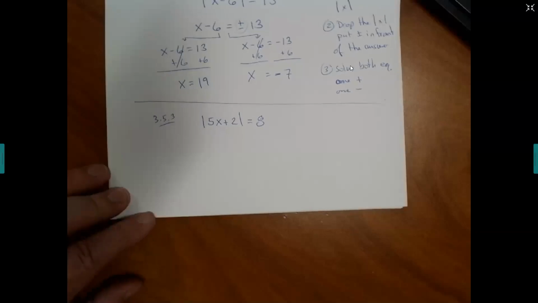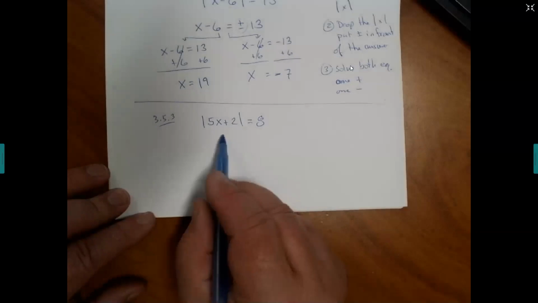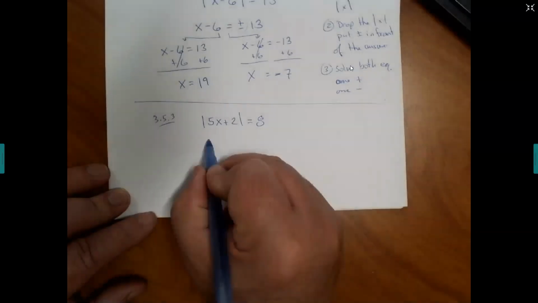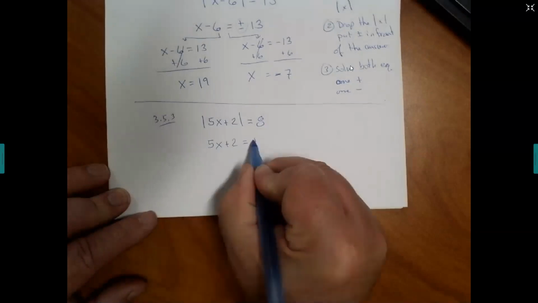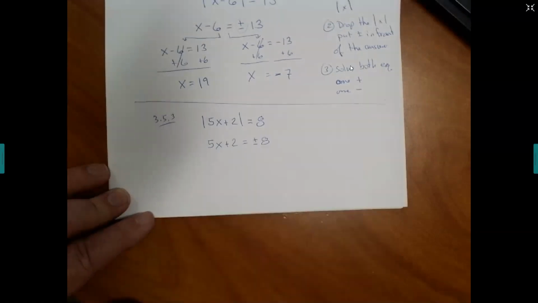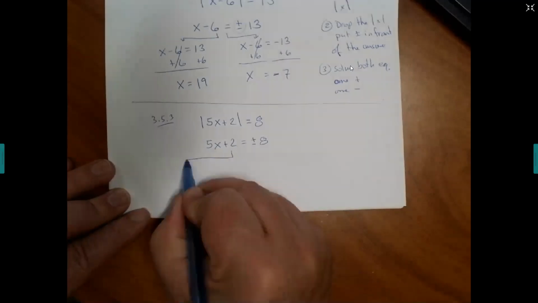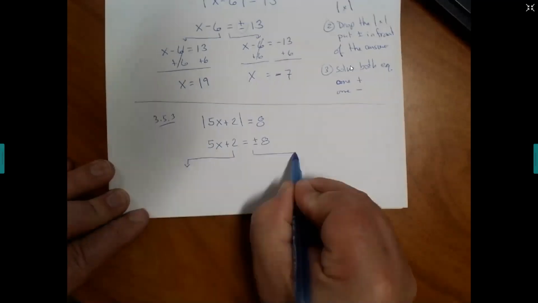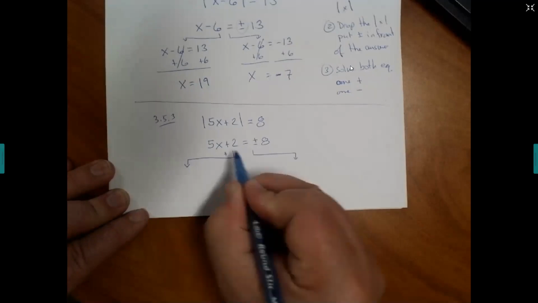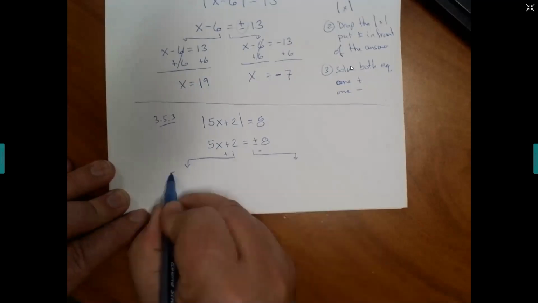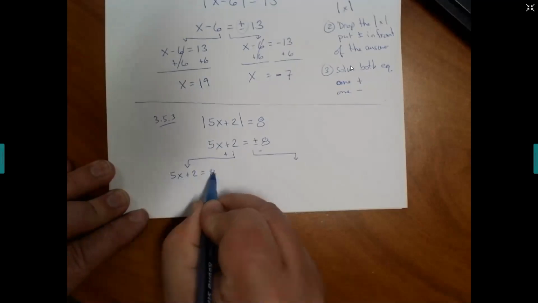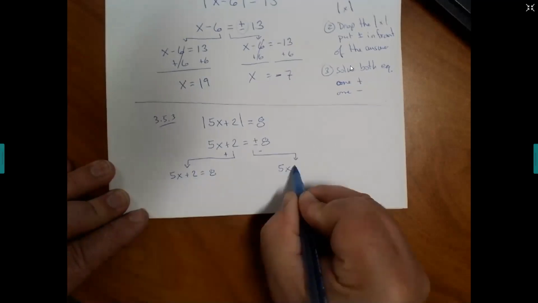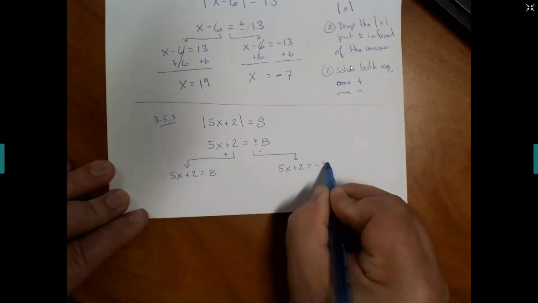Okay, we see the absolute value is isolated, so we just drop it now. 5x plus 2 equals plus or minus 8. Do the positive on one side and negative on the other. So we have 5x plus 2 equals positive 8. 5x plus 2 equals negative 8.